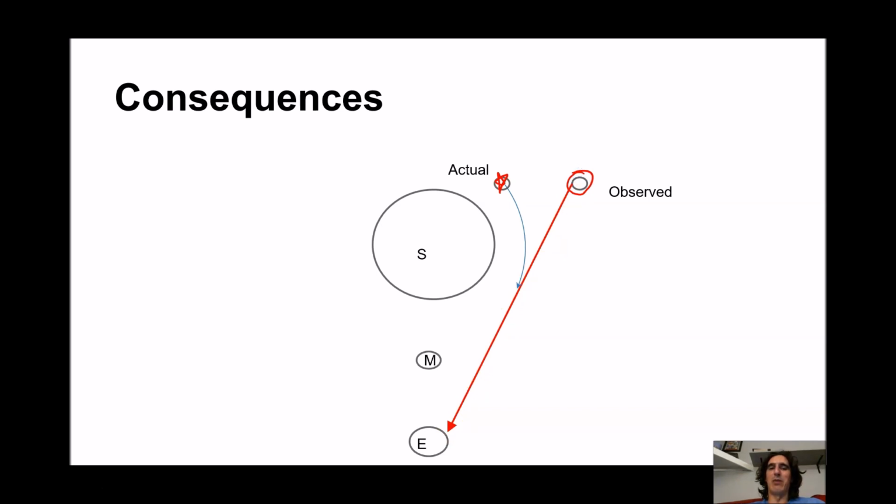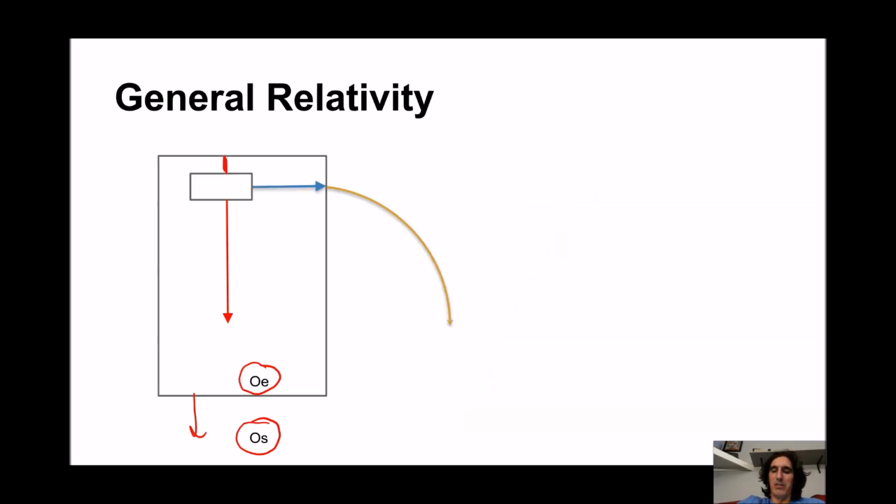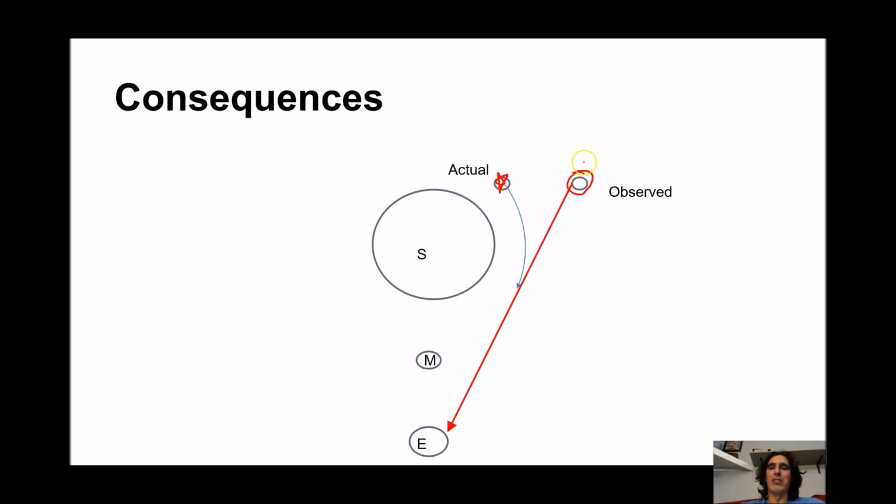And Einstein said, well, we can use my theory of general relativity to calculate where the star appears to be, where it's observed versus where it actually is, and we could compare those differences through calculations, but also through measurements.